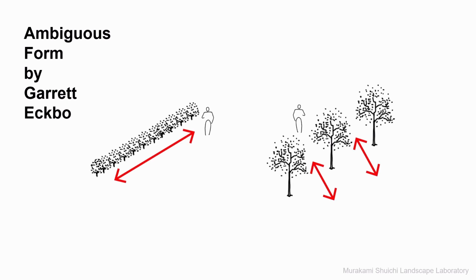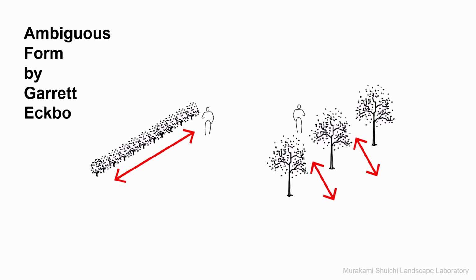Eckbo then overlaid rows of tall trees onto this configuration. As you can see here, low shrubs and tall trees behave very differently in relation to human movement. Low shrubs have no gaps between trunks, forcing people to move along them.